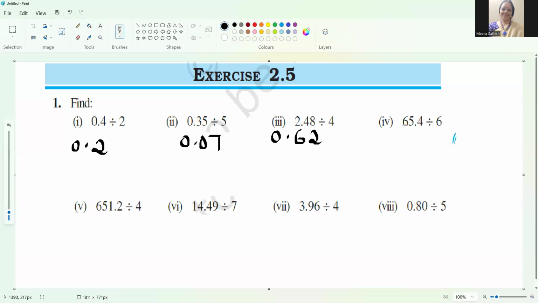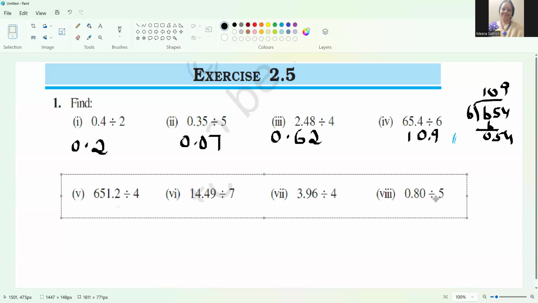So first let us divide 654 by 6. Long division you can do. 109. And 1 decimal place here, no, so 10.9.